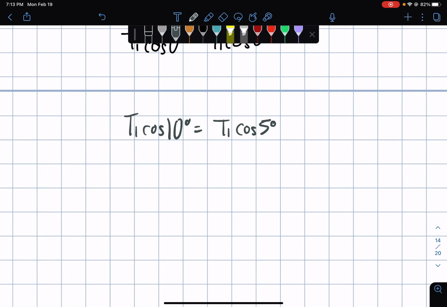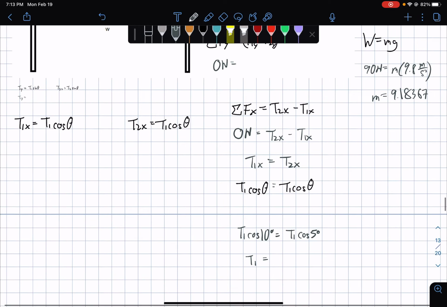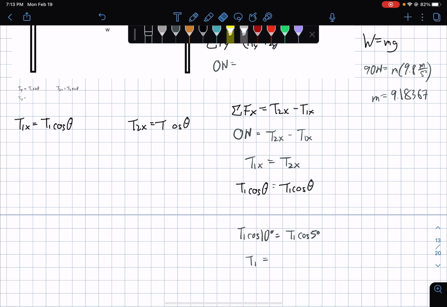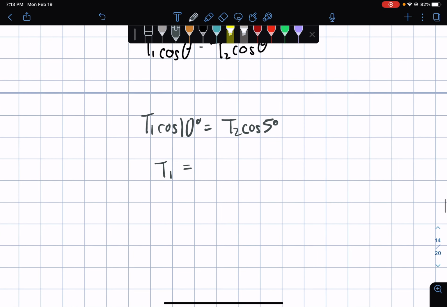And then butterfly method. Hang on. No. This is supposed to be t2. Okay. So, say we have to look for t1 first. Divide both sides by cosine 10. So we have something like this.